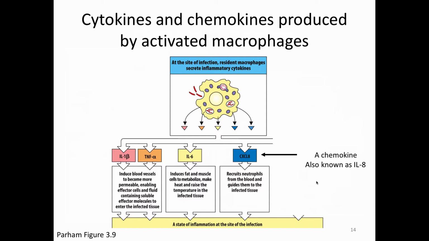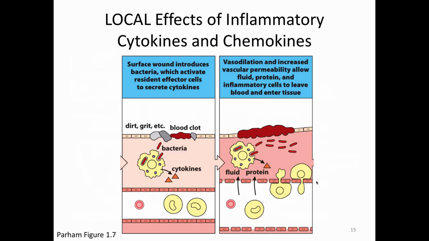These proteins have a number of different types of effects. The biggest effect of our IL-1 beta, TNF alpha, and IL-6 has to do with changes to blood vessels, inducing blood vessels to be permeable and changing that blood vessel diameter. You can see that happening here.